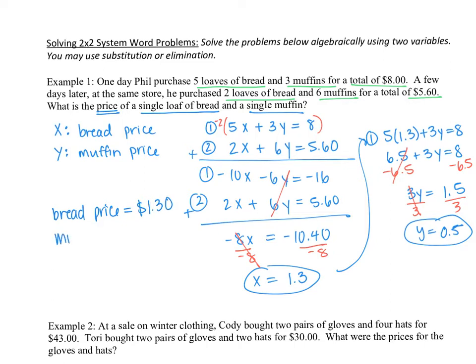I now know that the muffin price is my y variable, and my y variable says 0.5, or in this case, you can think of that as 50 cents. And so now I've written it out in a way that is more realistic to the real world. And that's it.